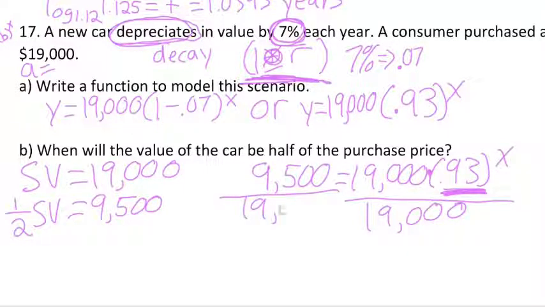Divide by 19,000 on the other side. A number divided by itself cancels out. And then you're left with that 9,500 divided by 19,000, and that simplifies to 0.5 equals our base on our right side, 0.93^x.